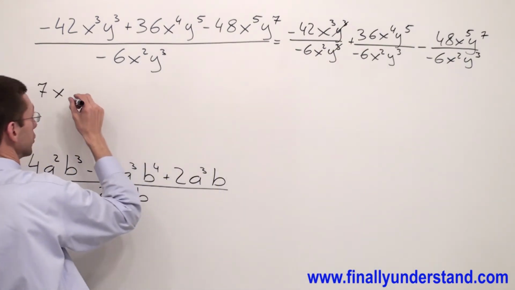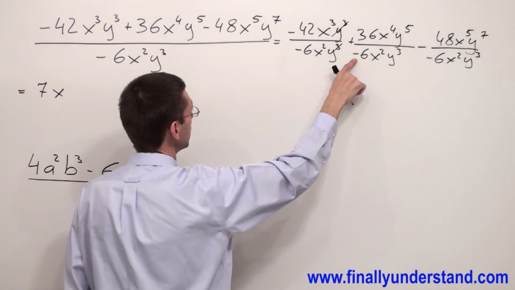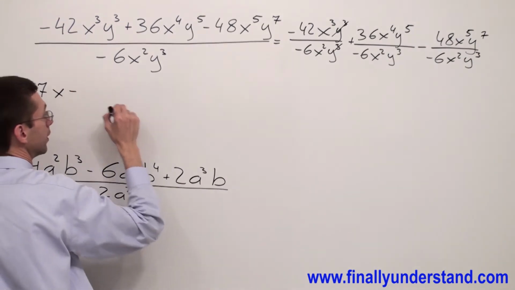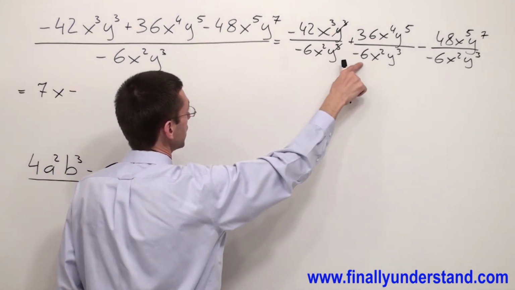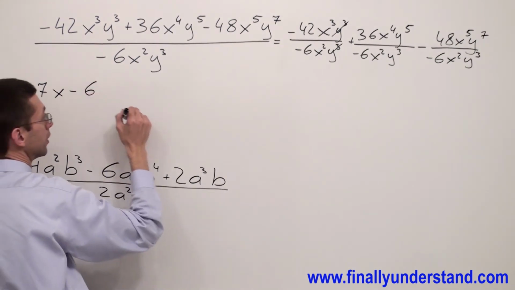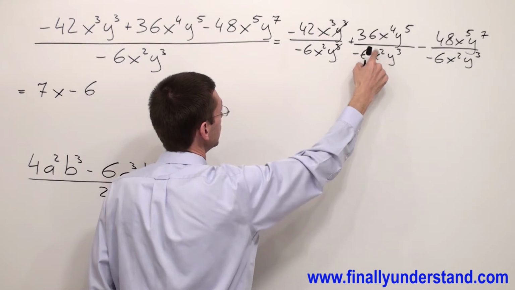I finish with the first term. Positive divided by negative is negative. 36 divided by 6 is 6. X to the fourth divided by x to the second. Again, I have the same base.